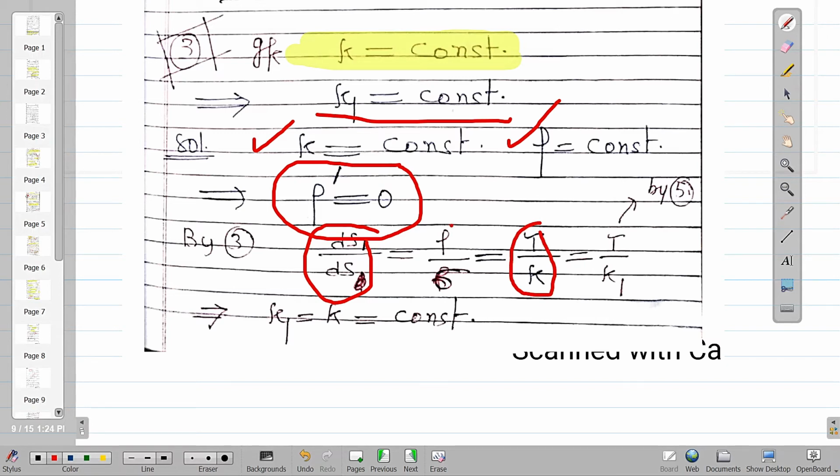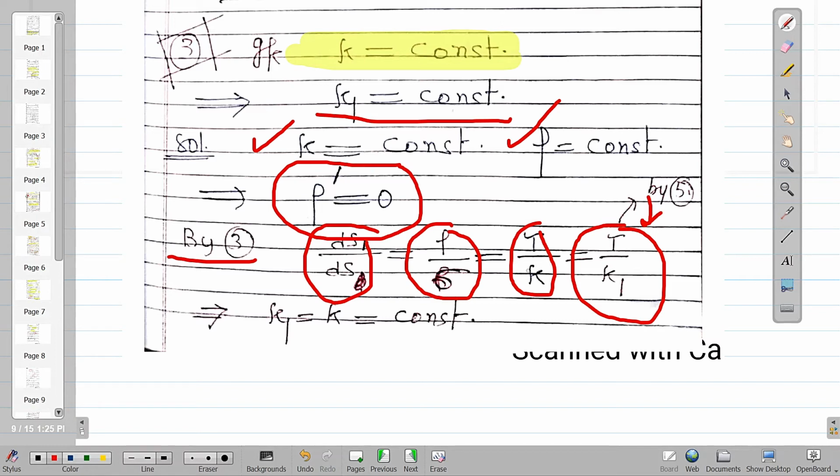So that is written in the form of rho by sigma, because 1 by kappa is rho, 1 by tau is sigma. And this term is equal to ds1 by ds is tau by k1. Clear?